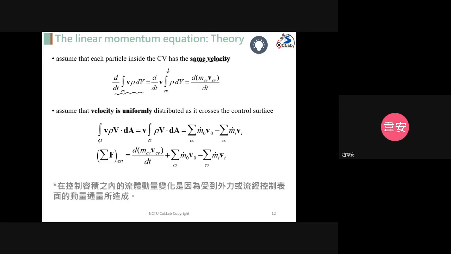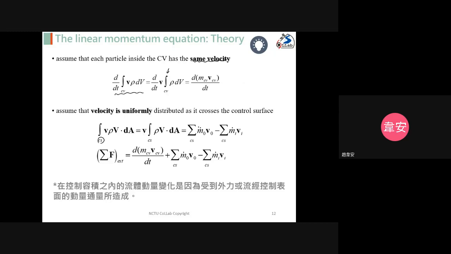And for the control surface, we assume the velocity is uniform, so we can also take the velocity outside, and what remains inside is the mass rate for the inflow and the outflow.